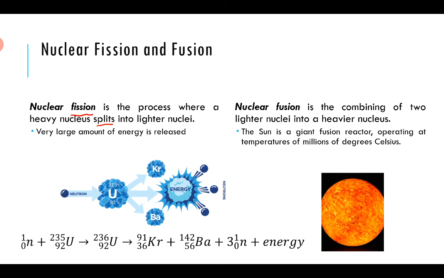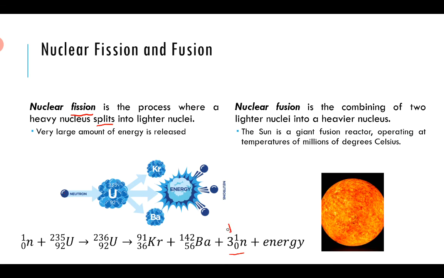So here's a neutron being slammed into uranium, and that's going to split it apart into krypton and barium, and a lot of energy is released along with 3 neutrons. So this is also a nuclear equation for that image above. And if you pay attention to the mass numbers, you can see that the mass numbers are conserved.